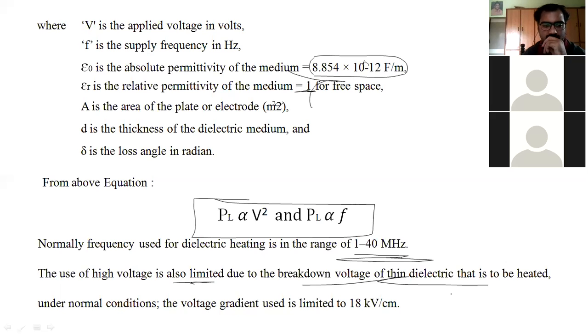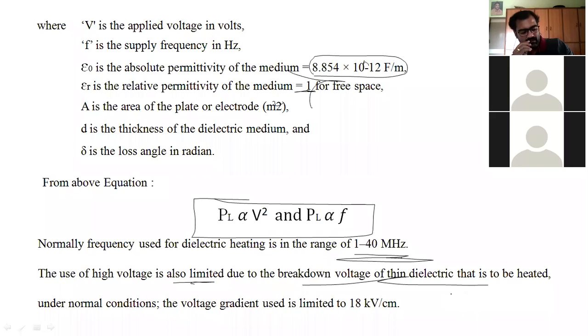And the last one is, under normal conditions, the voltage gradient used is limited to 18 kilovolts per centimeter. So if you consider this dielectric material, that is an insulating material, of a length measured in centimeters, he has taken it under normal conditions. We are not going to apply any high voltages or high frequencies.